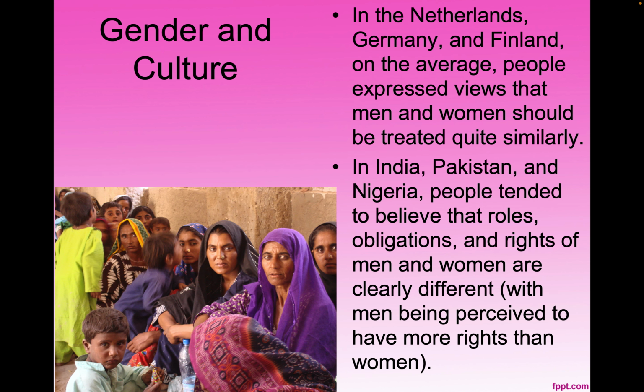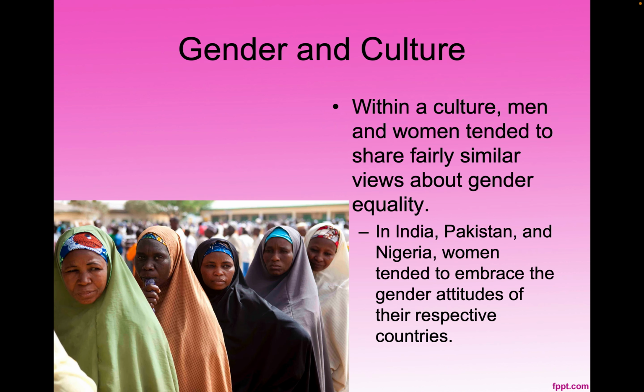In the Netherlands, Germany, and Finland, on the average, people expressed views that men and women should be treated quite similarly. In India, Pakistan, and Nigeria, people tended to believe that roles, obligations, and rights of men and women are clearly different, with men being perceived to have more rights than women. Within a culture, men and women tended to share fairly similar views about gender equality.